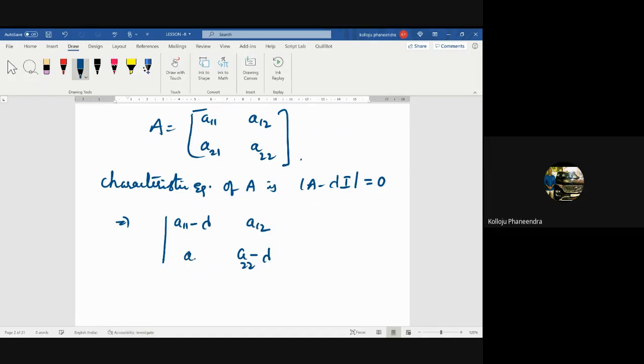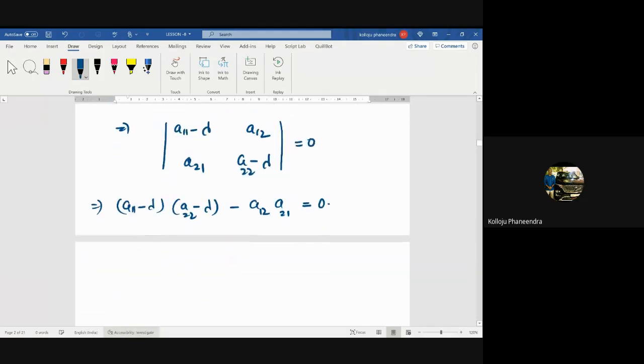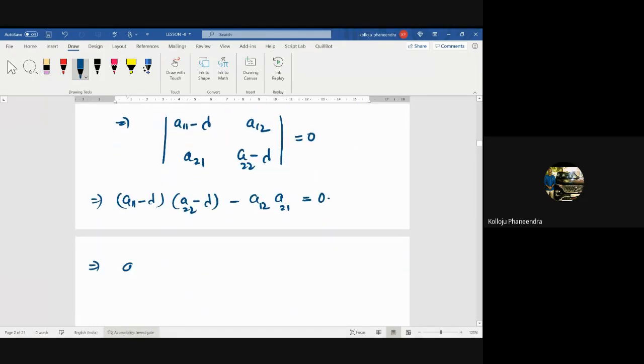Now let me expand: A11 minus lambda times A22 minus lambda, minus A12 A21, equal to 0.